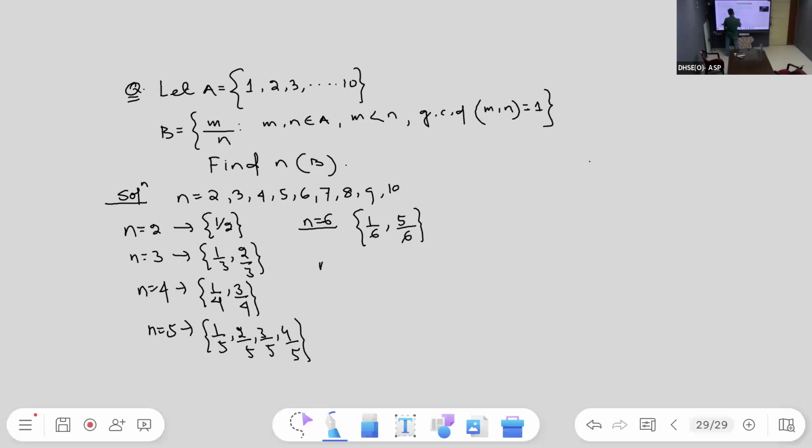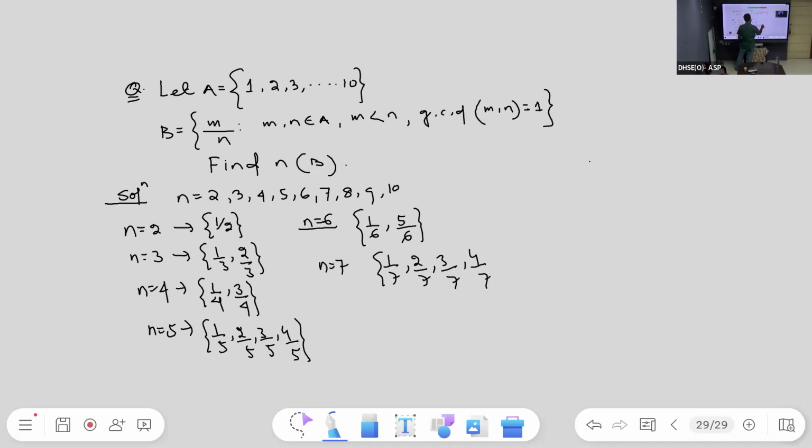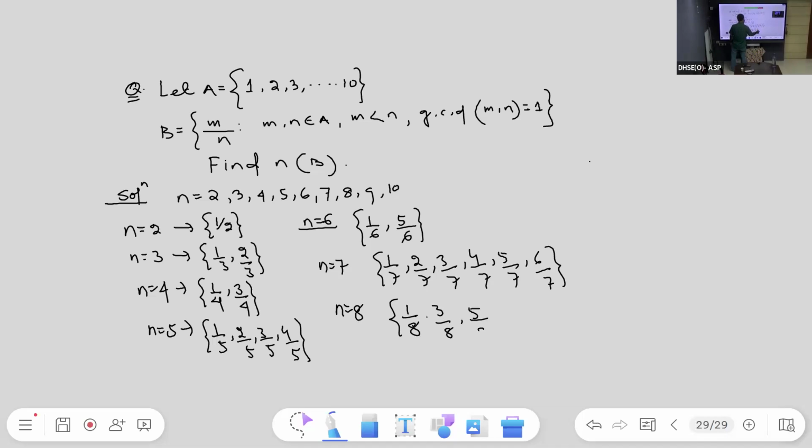Then n is equal to 7: 1 upon 7, 2, 3, 4, 5, 6 upon 7. N is equal to 8: 1 upon 8, 3 upon 8, 5 upon 8, and 7 upon 8.